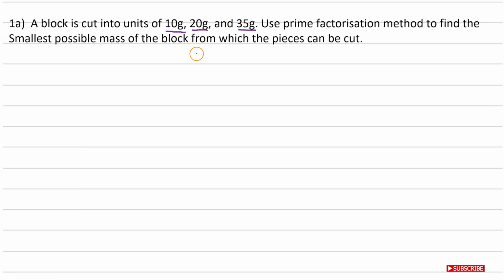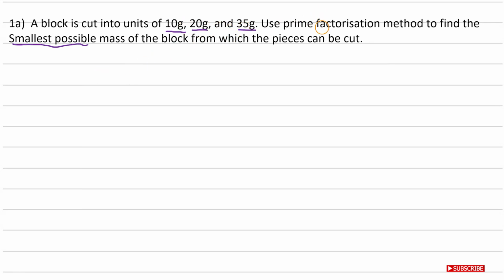We need one block that can be cut into all of these without wastage, and it needs to be the smallest possible. That means we are looking for the lowest common multiple of these three values.